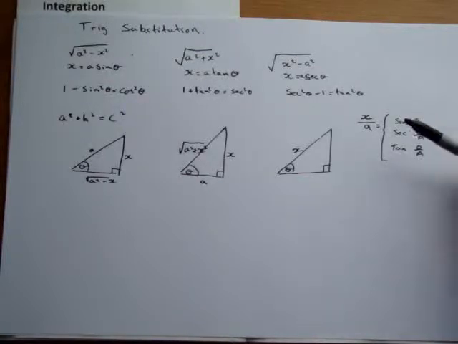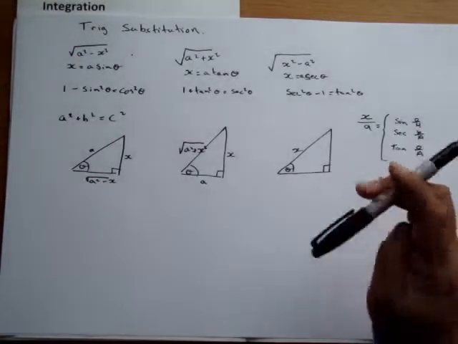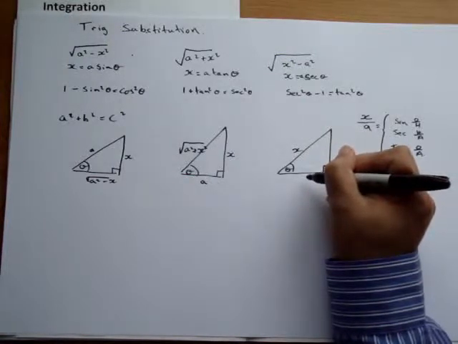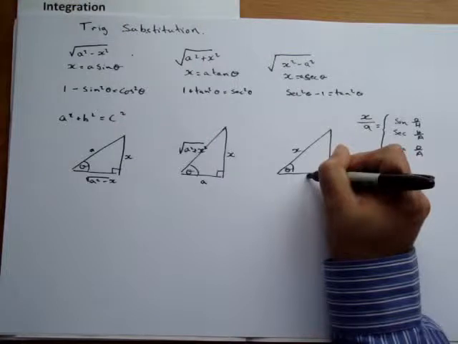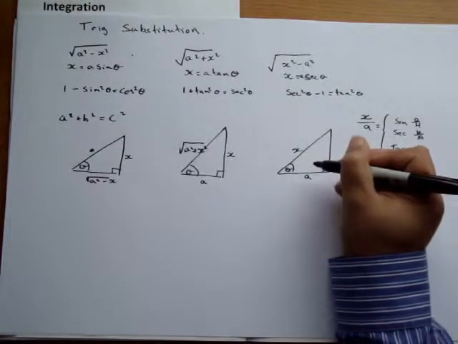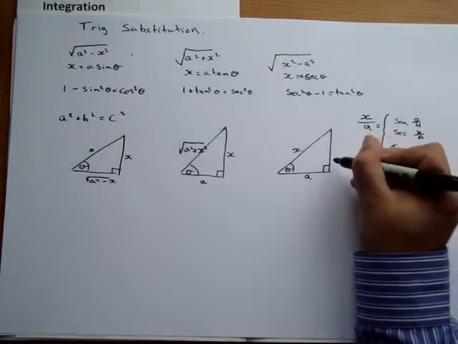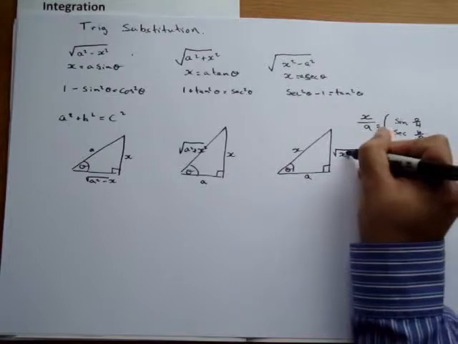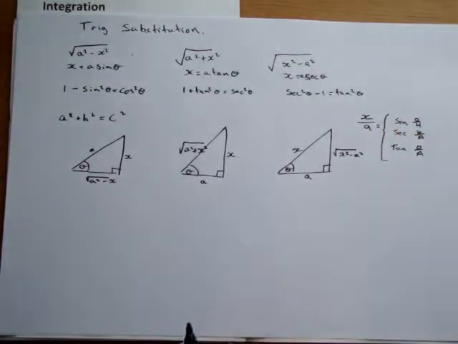If we have a look at x over a, we know x is the hypotenuse, so it's going to be secant over a. So the adjacent is going to be little a, and this one is the square root value over here, x squared minus a squared.